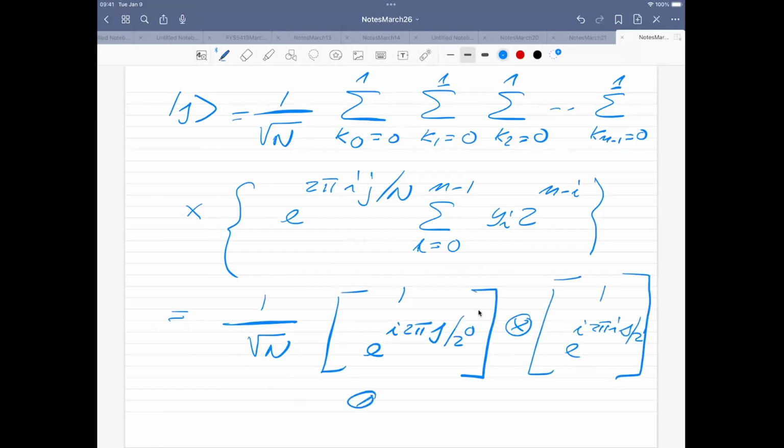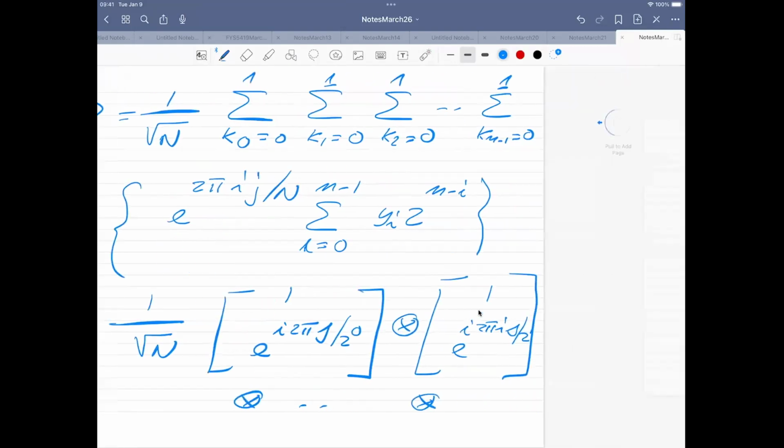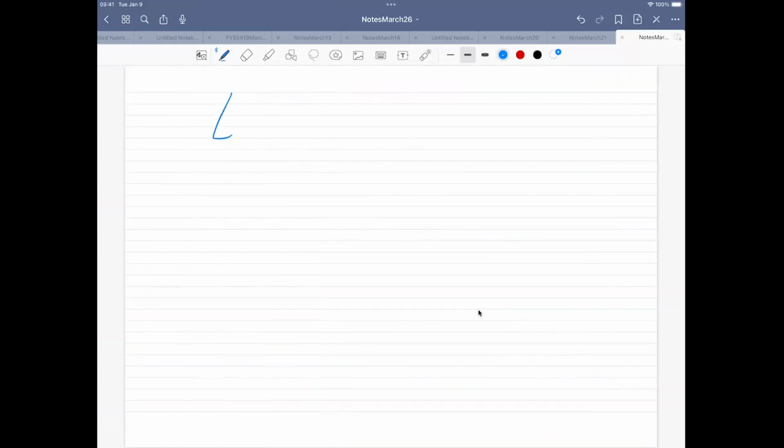And then this continues with different tensor products all the way to the final one, which is 1 divided by e of 2 pi i of j divided by 2 to the n minus 1.